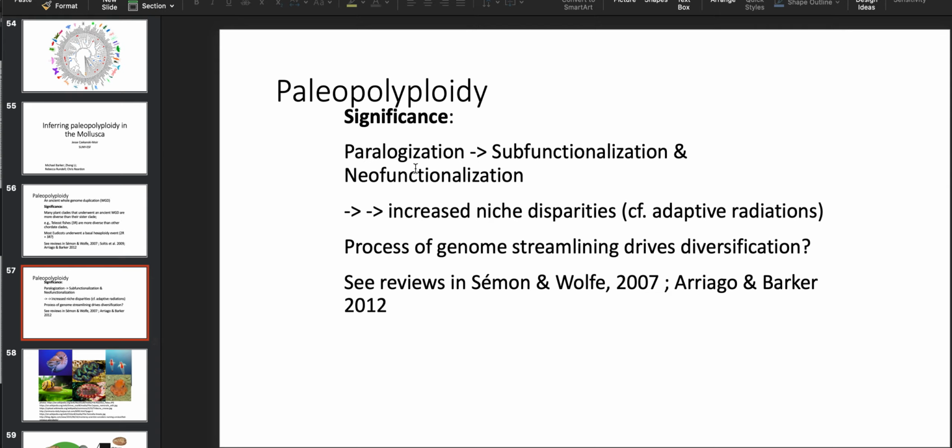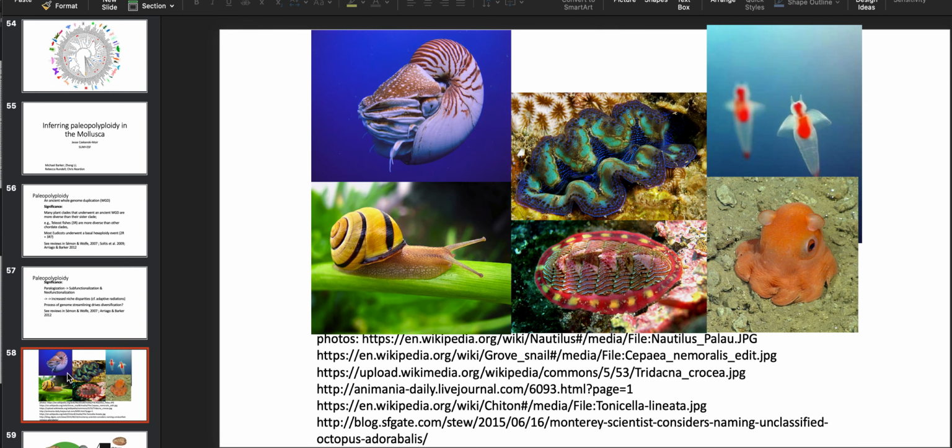As I said before, after whole genome duplication events, you can have neofunctionalization. Subfunctionalization, again, is just the two paralogous copies of the gene doing a subset of their former function. And I'm looking at this in the context of the mollusks.